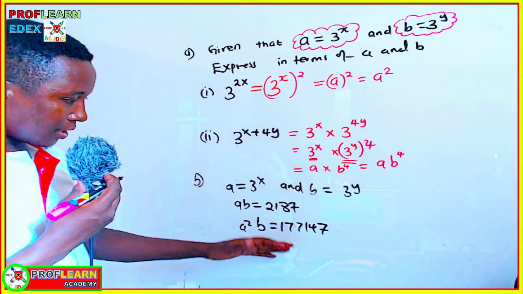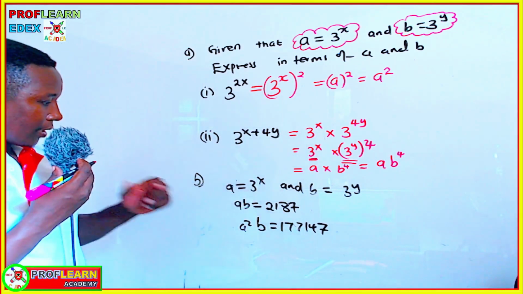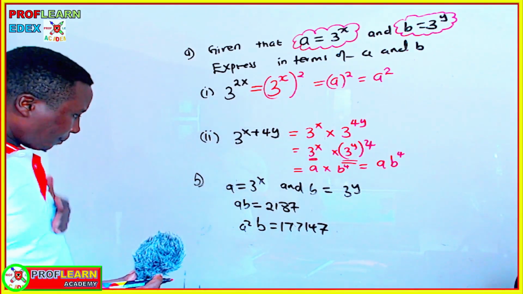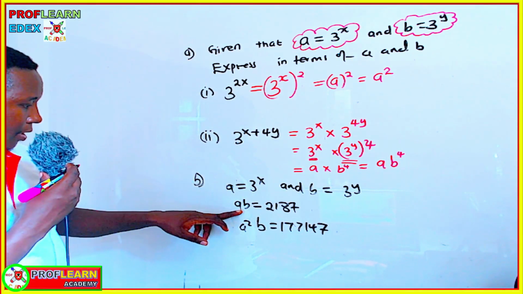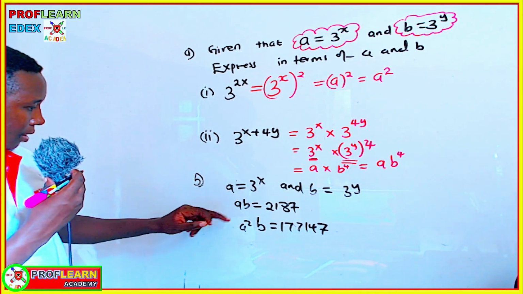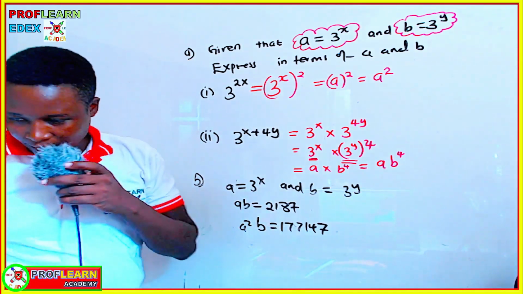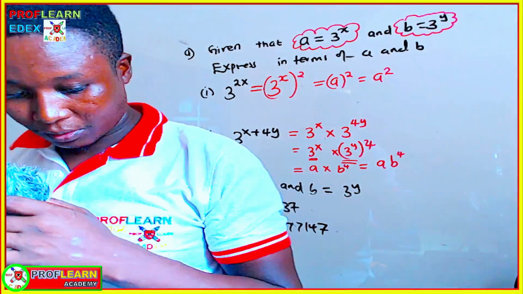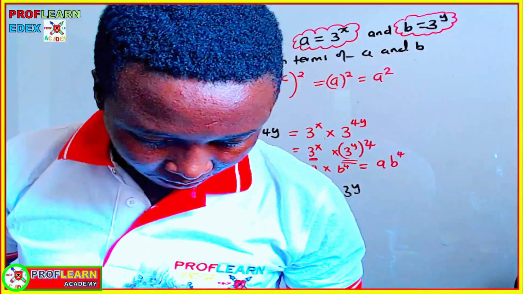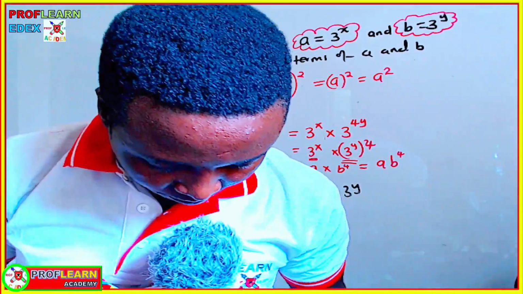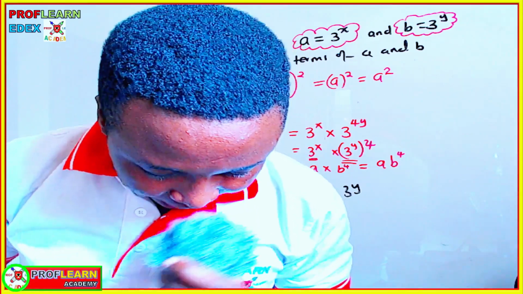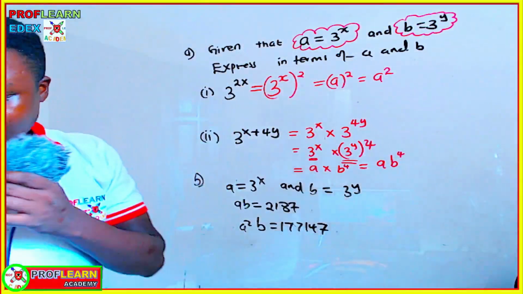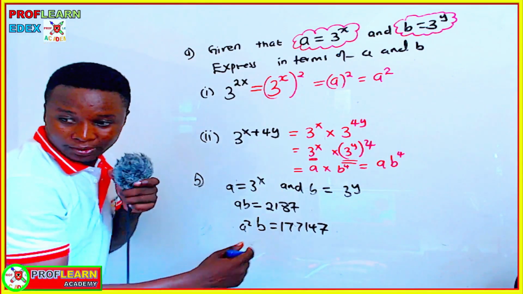So now let us see how we are going to connect this to this. So we are having AB, and from here we know that A is that. So what are we supposed to do? Let me just check. Work out the value of X and Y. We are supposed to work out the values of X and Y. So that was the main question.